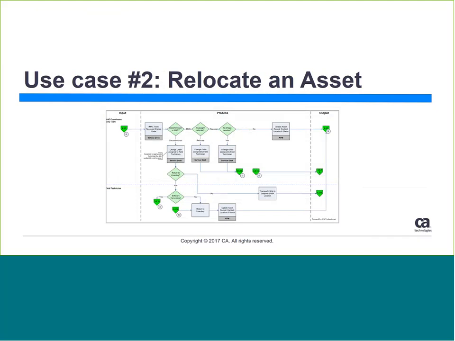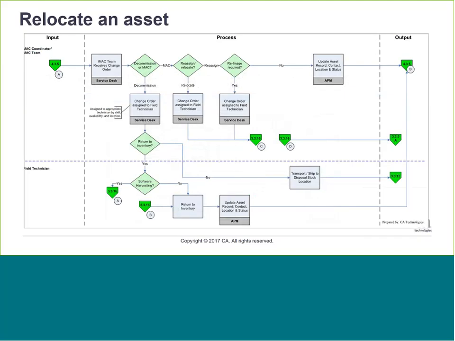The next process here is about relocating the asset. So the ongoing process for an asset is typically what we call the IMAC process: install, move, add, change. It's basically when you move it to another machine, another location, move it to another user, or move it to another purpose, right?